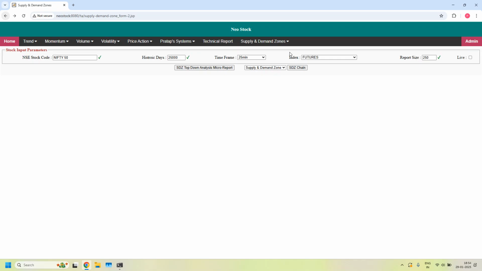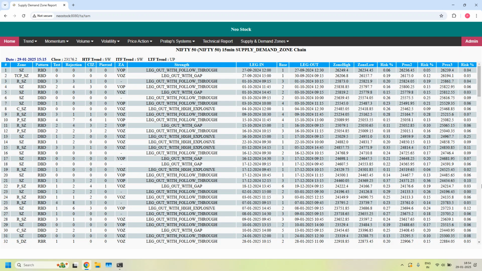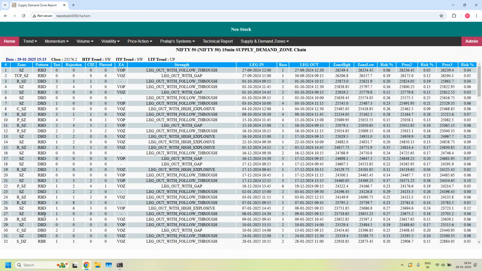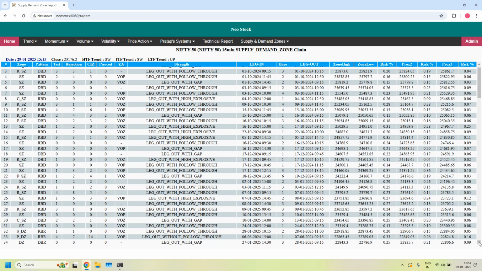Okay, next, 15 minutes supply demand zone chain for Nifty. 32 is the most recent. So because the list is small, I am scrolling the list down. The 32, let me put it in the center.